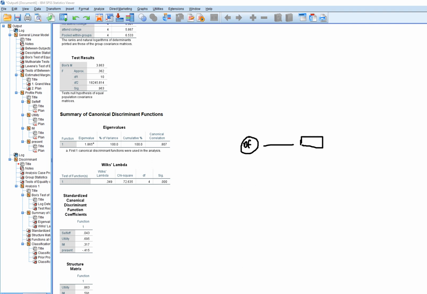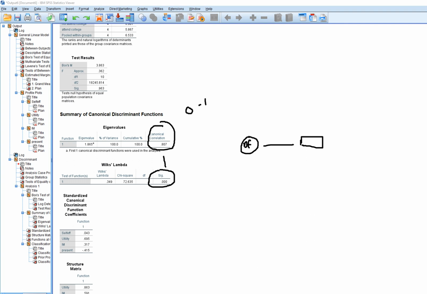What we have right here is what's called a canonical correlation, and it's going to range between 0 and 1, and it's pretty much interpreted like multiple R in the context of regression analysis. So it's the correlation between the discriminant function and our grouping variable. And then down here we have a significance test, which is a test of the significance related to the canonical correlation.